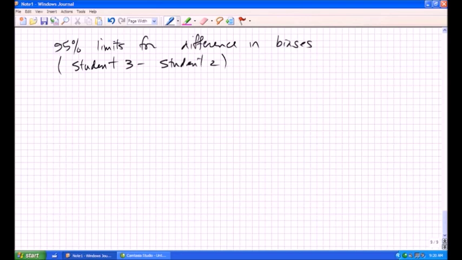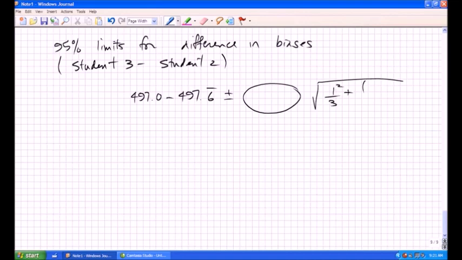I'm going to take the difference in y bars, which is 497.0 minus 497.6, and I'm going to hedge that by a t-value times the square root of 1 squared over 3 plus 1.155 squared over 3.